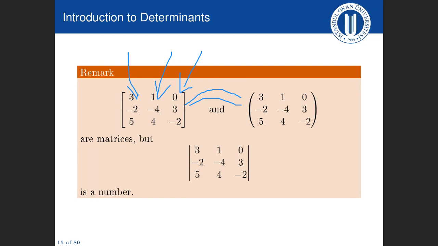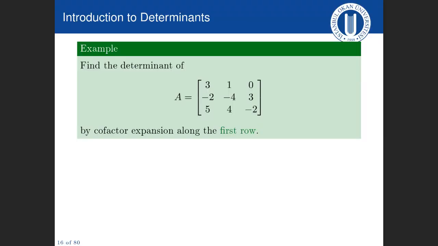However, if we instead use vertical lines, then it doesn't mean a matrix, it means a number. It means the determinant of the matrix. Just be careful when you write your exam questions to be clear: are you writing square brackets or are you writing vertical lines?